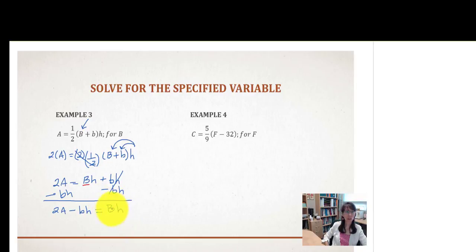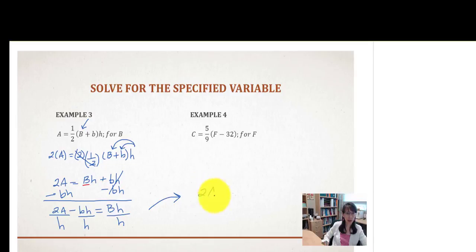So now we just have one step remaining. If we're trying to isolate capital B and it's multiplied by h, division of h will help us to eliminate h. So every term is divided by h. What we notice in the first term, 2a divided by h, there are no common variables there.